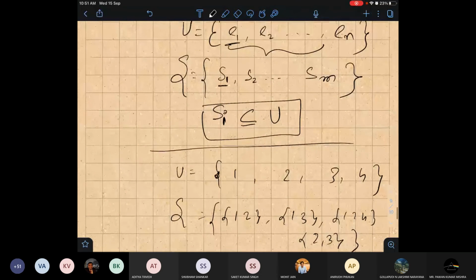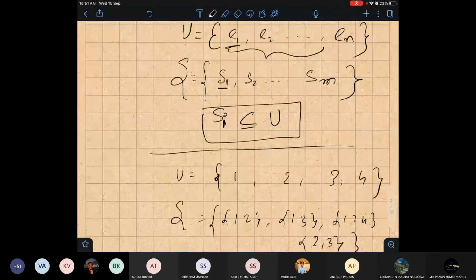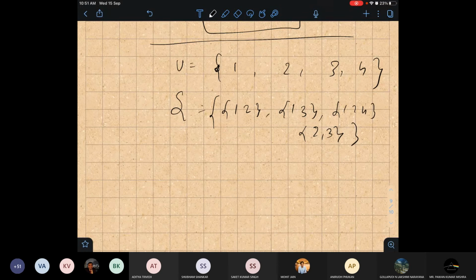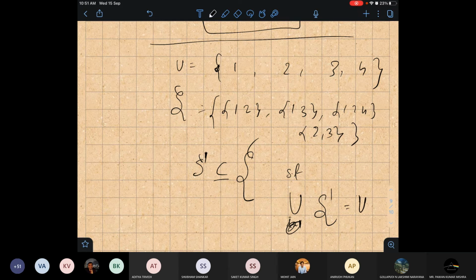Our goal is to find the minimum number of sets in S such that all elements are covered. So our goal is to find a subset of S such that the union over the chosen subset covers all the elements of U.